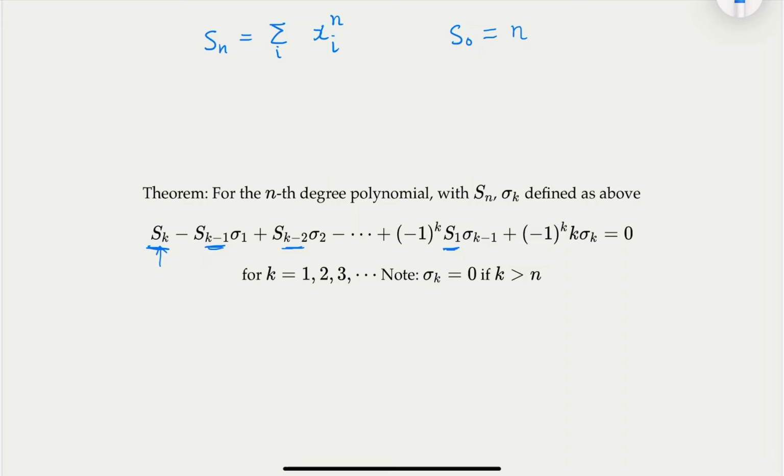Okay, so we're not going to prove this, but when you think about it, for degree n, if k is greater than n, this term will go away.